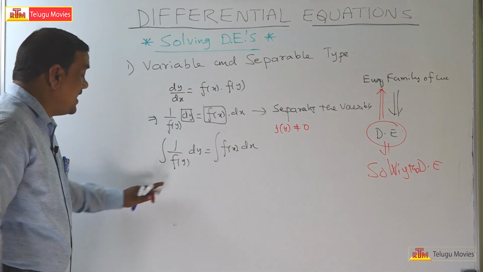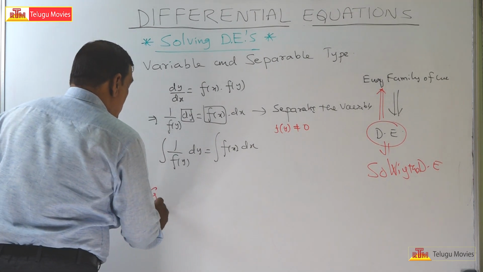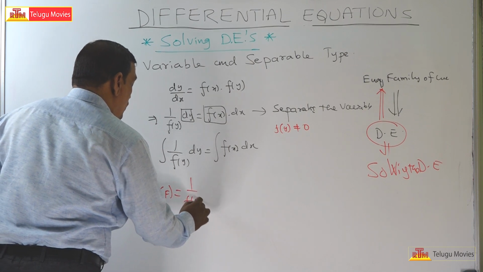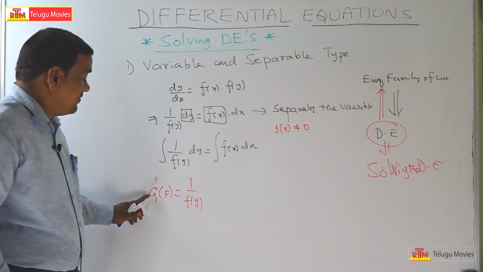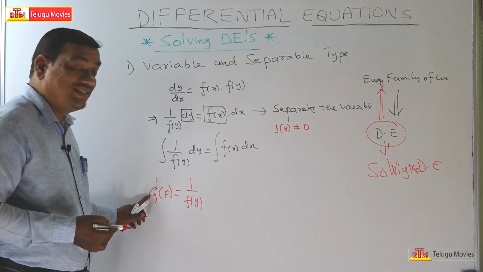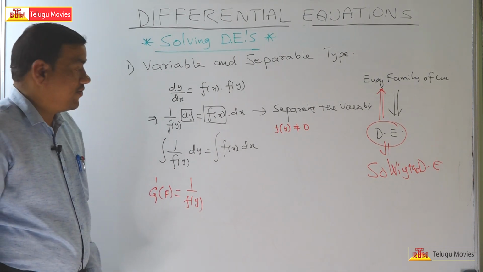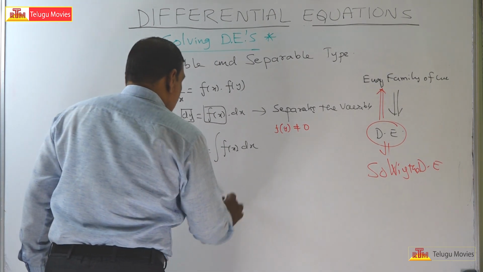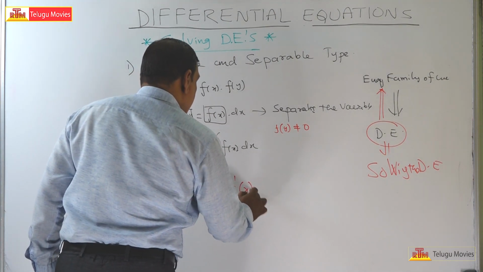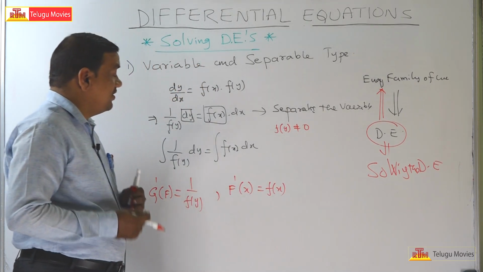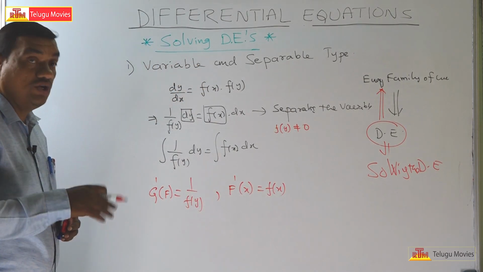Now, let us say there is a function whose derivative is equal to 1 by f of y. There is a function g of y such that g dash of y is equal to 1 by f of y, and another function capital F of x such that F dash of x is equal to f of x. That means the derivative of that function is equal to f of x.